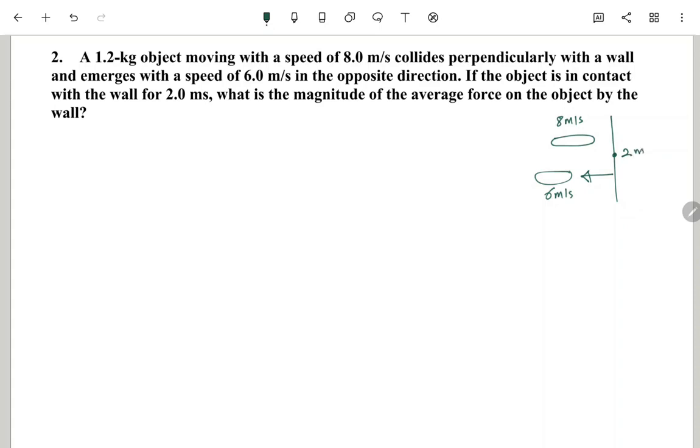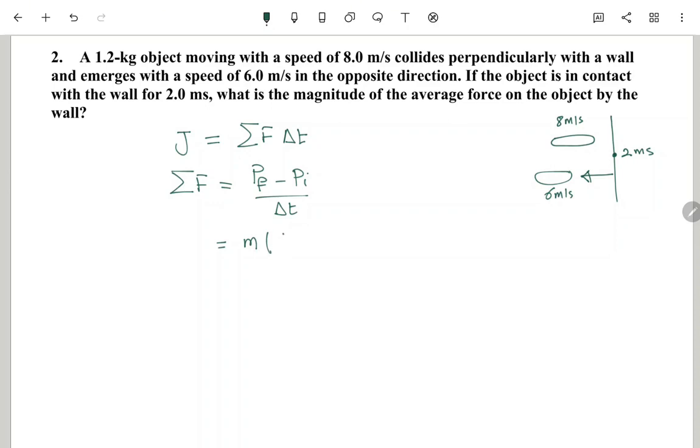The contact time delta T here is equal to 2 milliseconds. Now to find the force, the impulse is equal to the net force, which is what we're looking for, times delta T. So the net force is equal to the impulse, in this case P final minus P initial over delta T, or the mass of the object times the change in velocity.